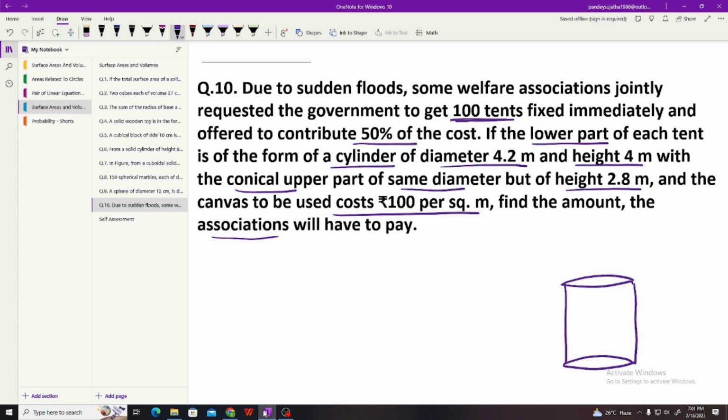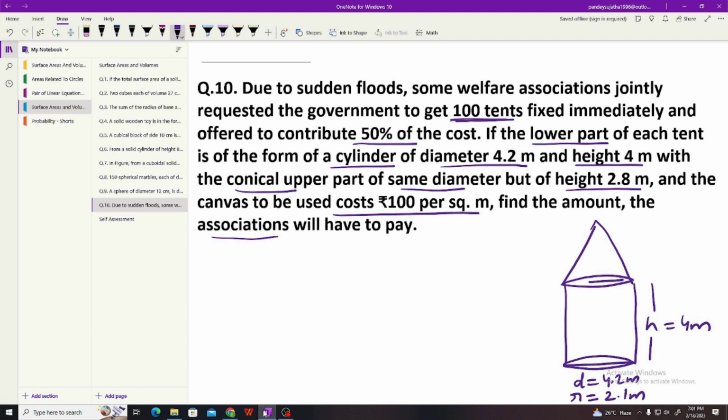And the upper part of the tent is conical. So here the diameter of the cylindrical part is given as 4.2 meter, where the radius will be equal to 2.1 meter. And the height of the cylindrical part is given as 4 meter.